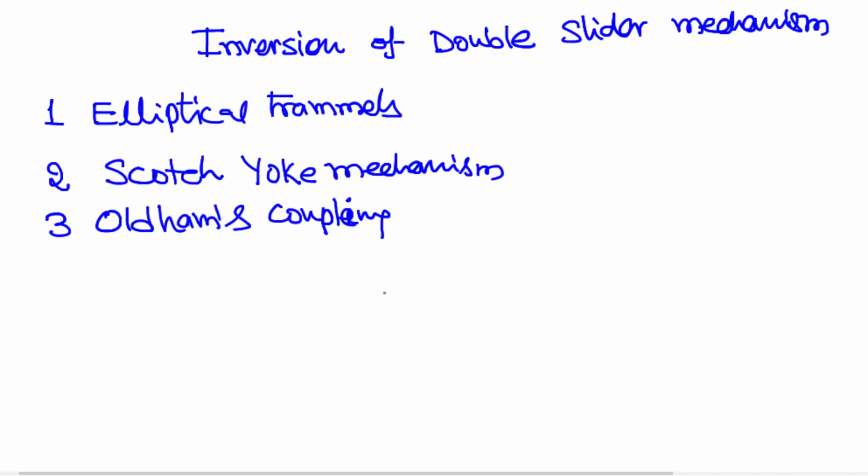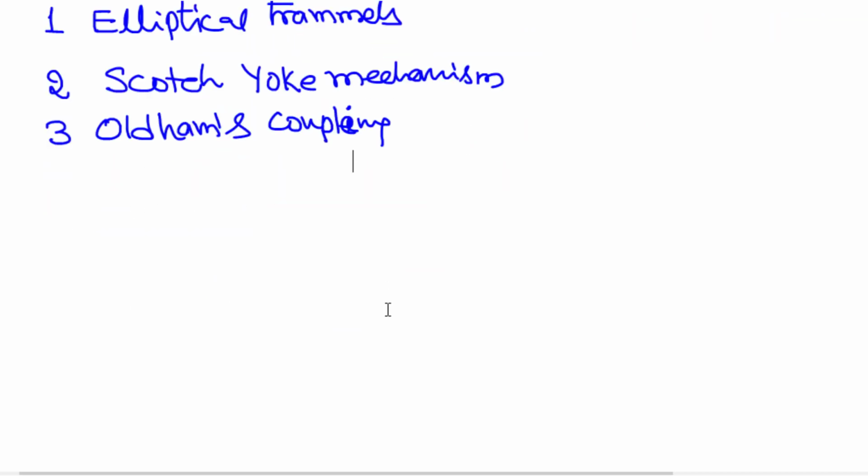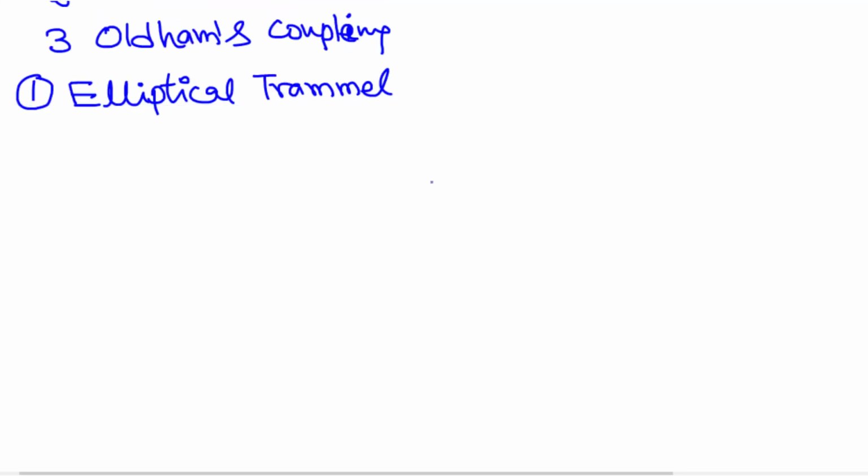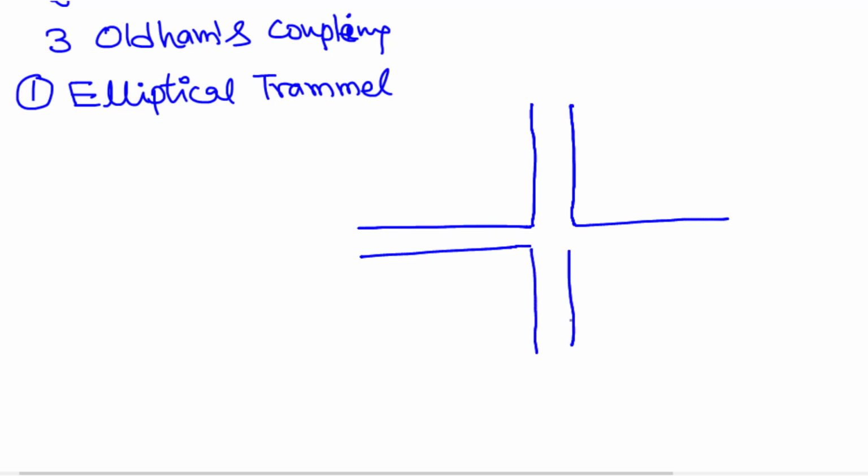In elliptical trammel, the two grooves which are cut at right angle in a plate, means horizontal groove and vertical groove which is cut in the plate.